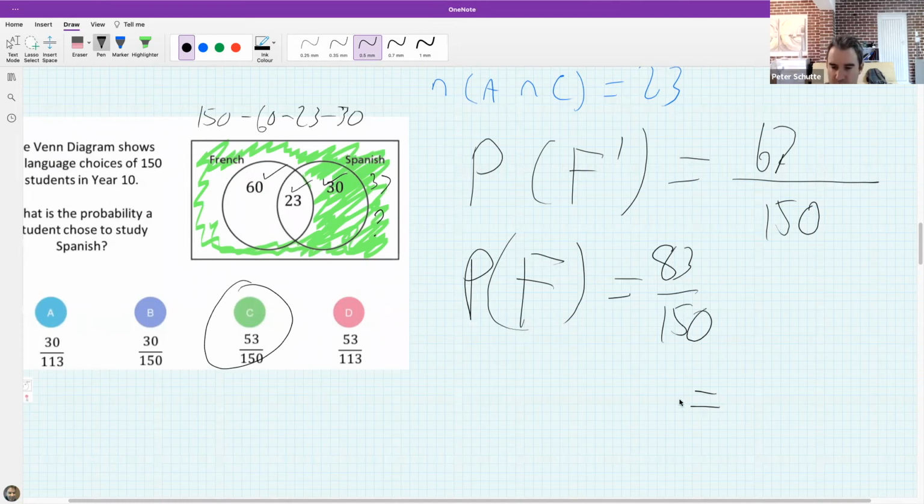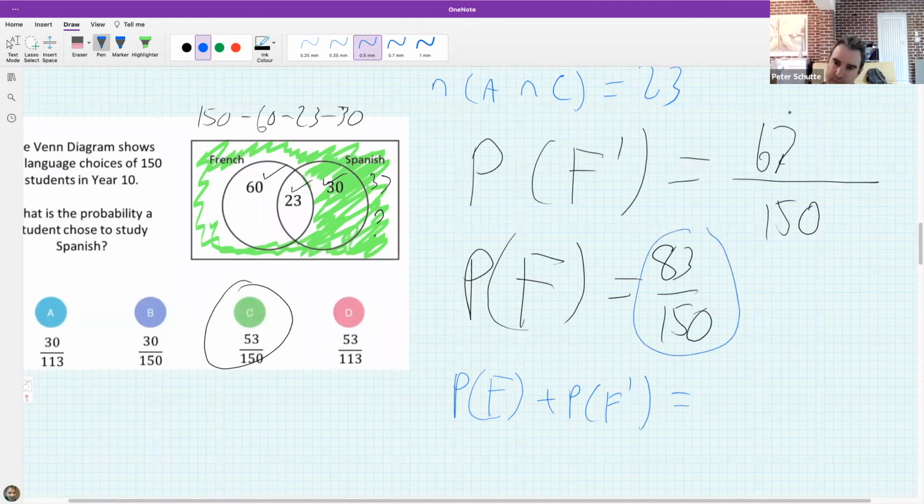Now, what do you notice if you add the probability of F dash and the probability of F? If you take this number, what do you notice if you add those two together?